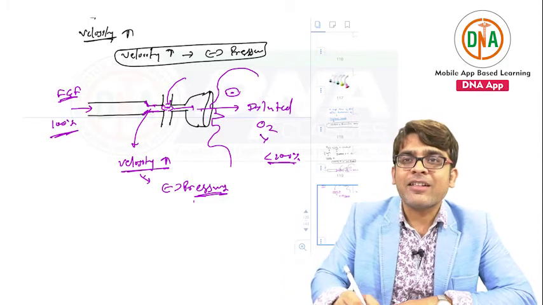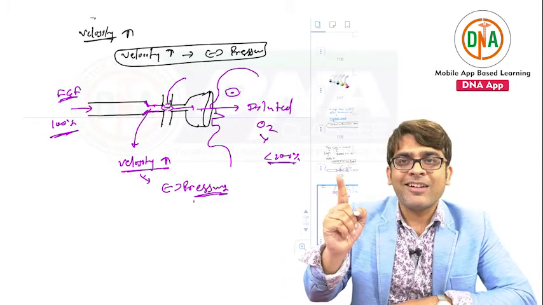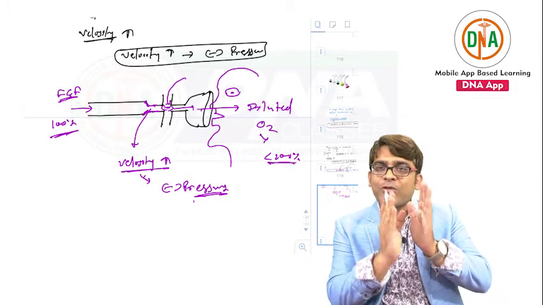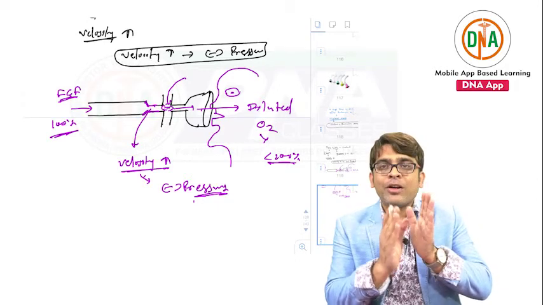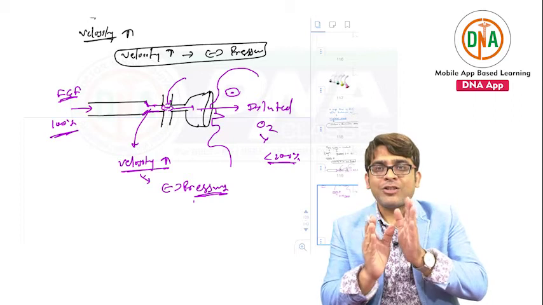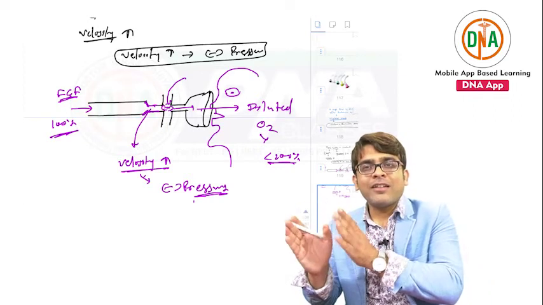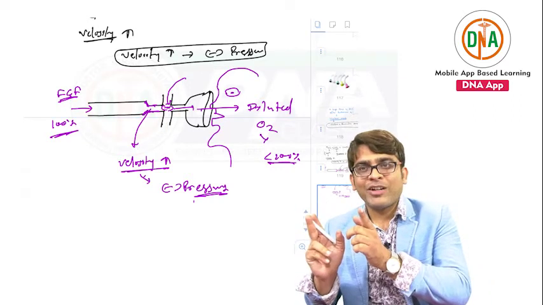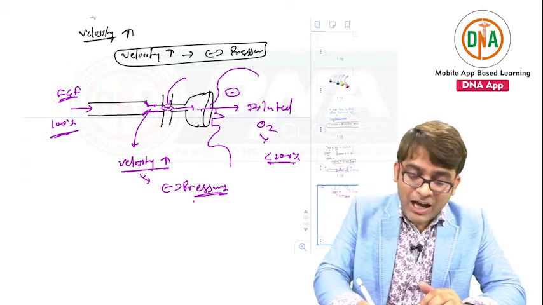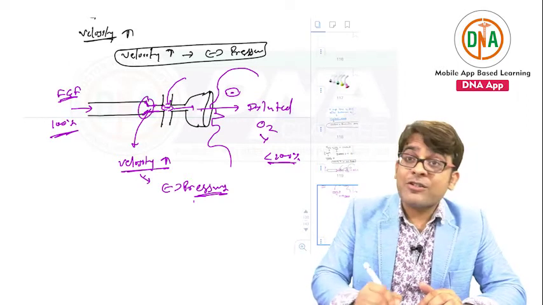That's why this mask is called fixed performance. So in a particular fixed flow, particular fixed constriction, you will get a particular fixed FiO2.